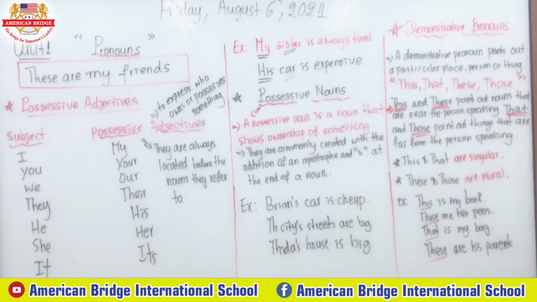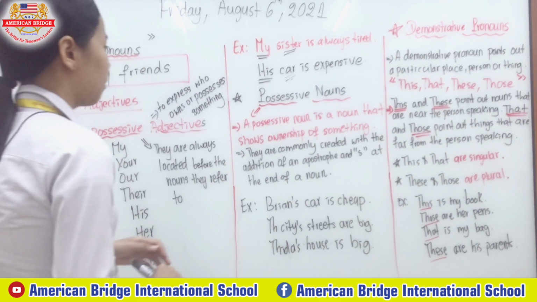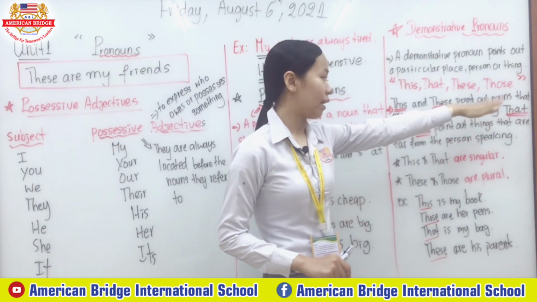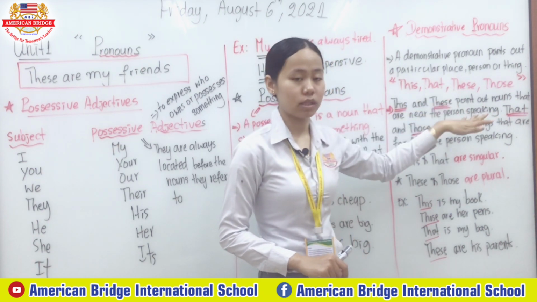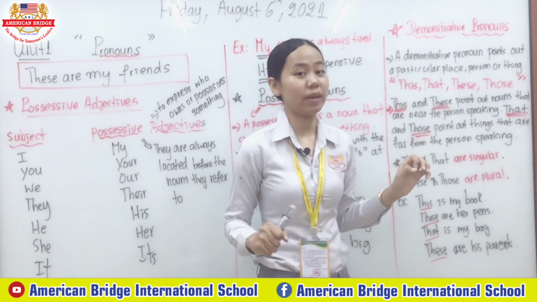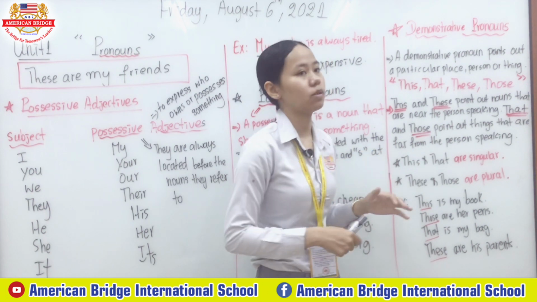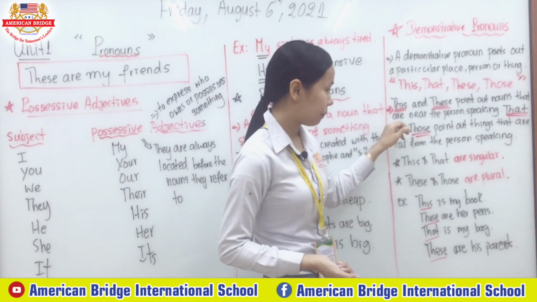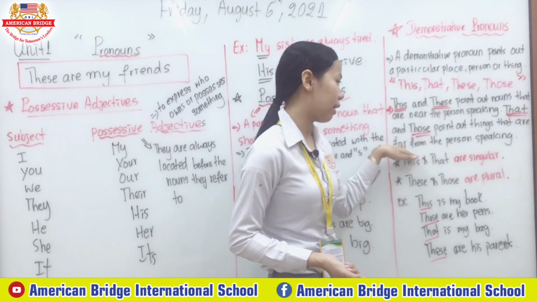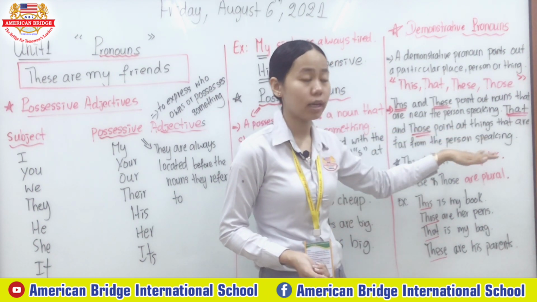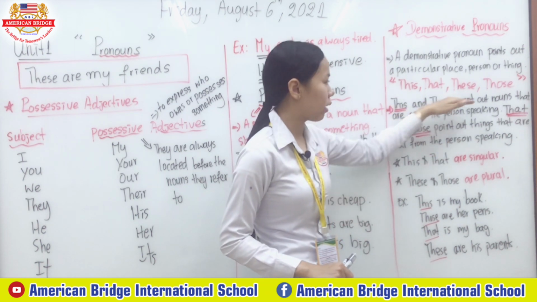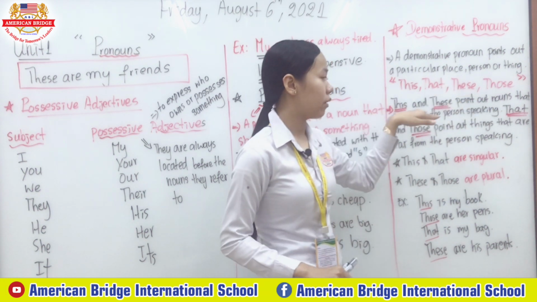You also need to know that this and these point out nouns that are near the person speaking, the speaker, who is trying to point out a thing, place, or person. And that and those point out things that are far from the speaker.